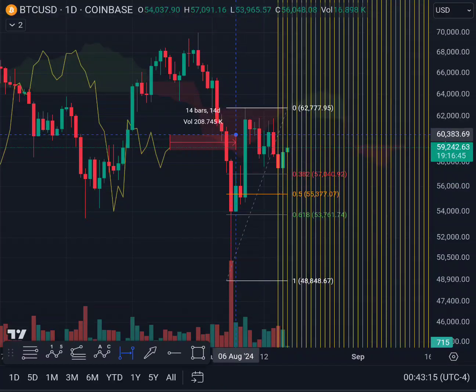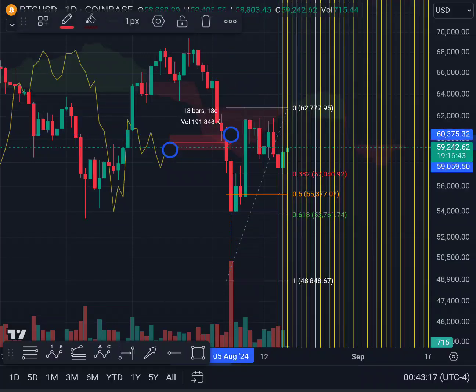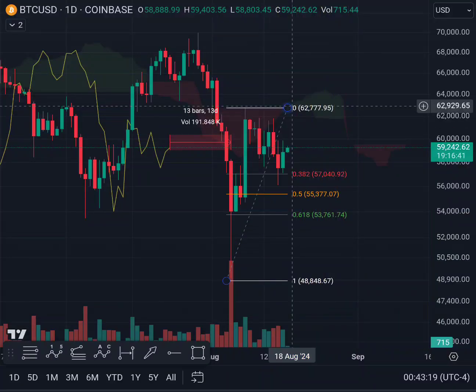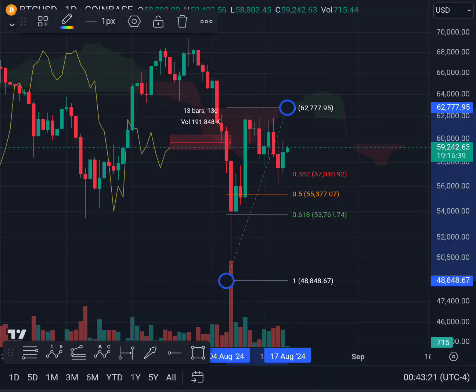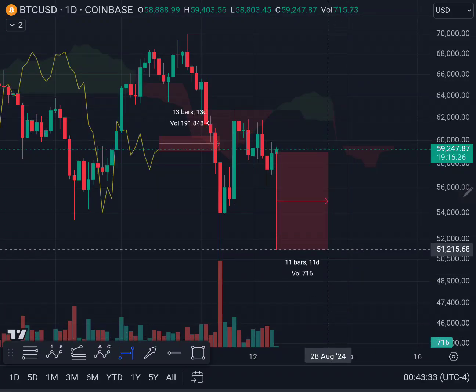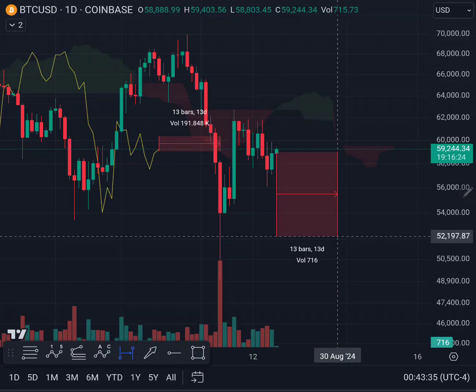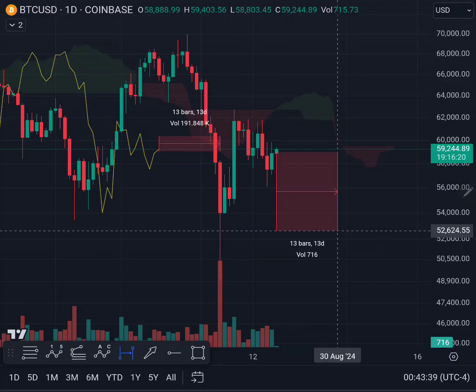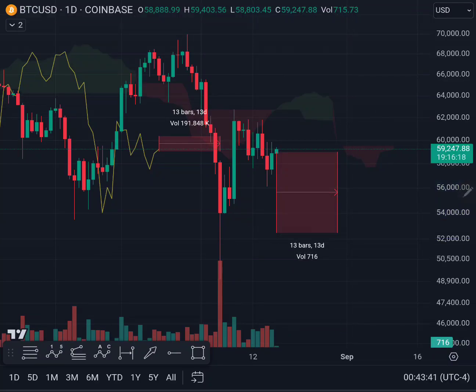We are currently at 13 bars at the earliest. So measuring from current price, 13 bars out, brings us to August 30th. So around August 28th, August 30th, September 5th, somewhere in that pocket, you would have some kind of mid-cycle low.